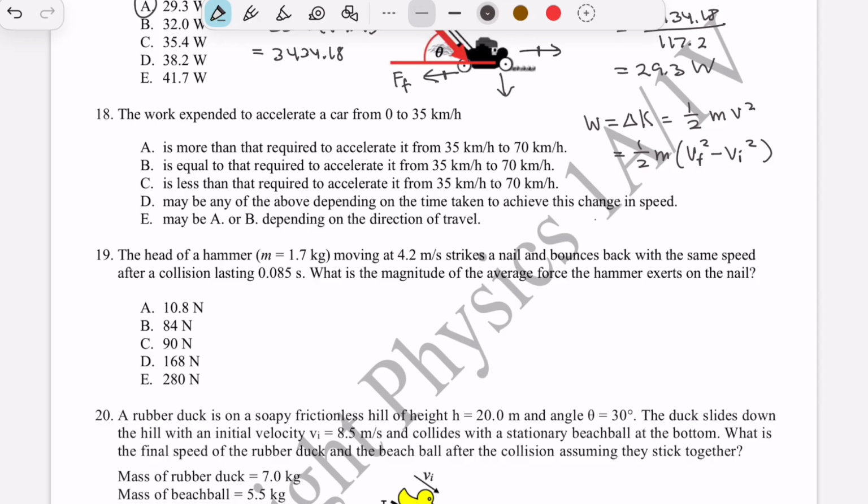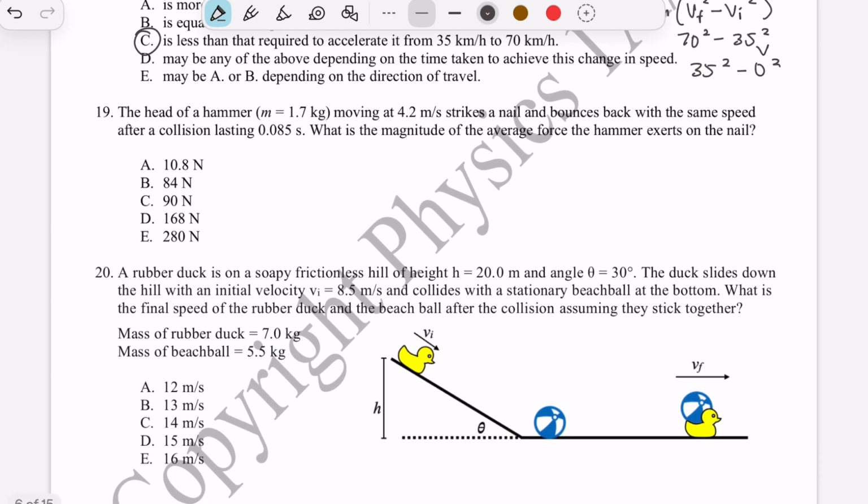If I want to accelerate it from 35 to 70, it will be 70 squared minus 35 squared. And to accelerate it from 0 to 35, it's 35 squared minus 0 squared. And 70 squared minus 35 squared is greater than 35 squared. So that means the work required is also going to be greater. So this is option C.